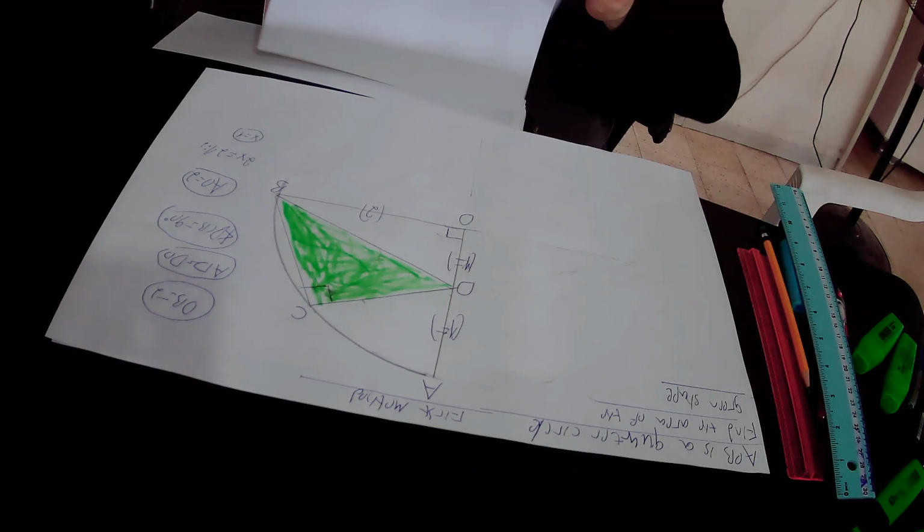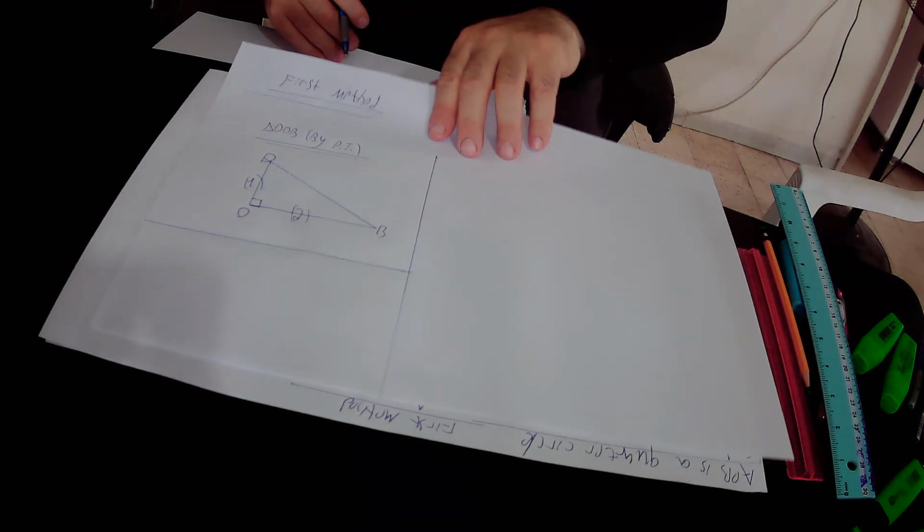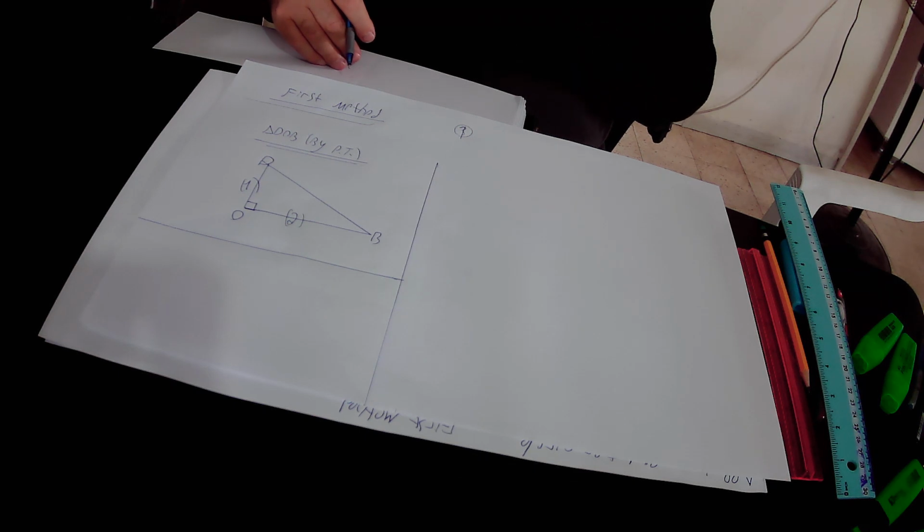So actually, this is the right triangle DOB that we copied from the original diagram.